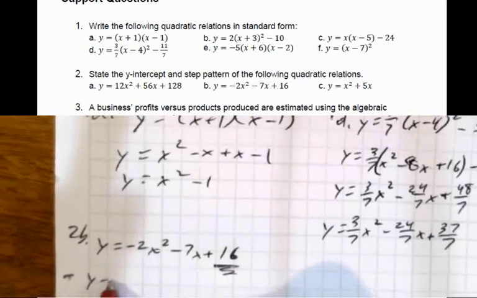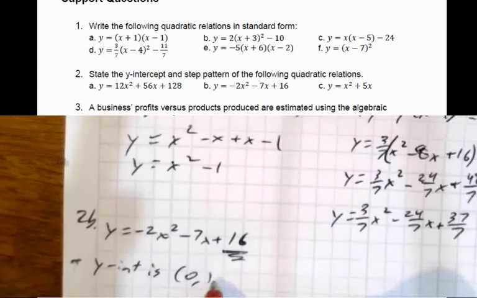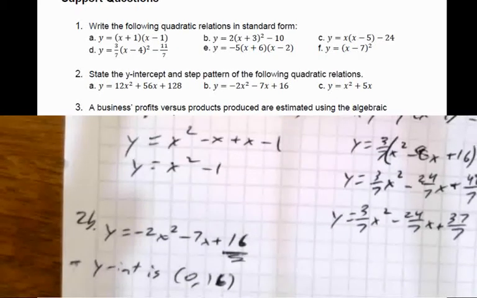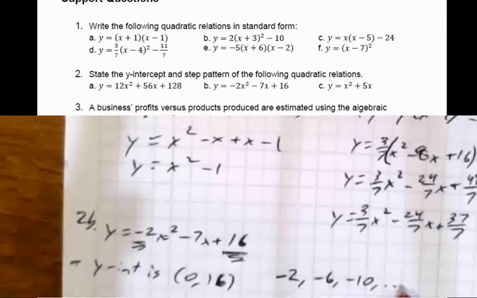So our y-int is 0 and 16. Our step pattern, I'll just write it on the side, comes from this minus 2. So we have our A term, minus 2. Then we do 3 times that, which is negative 6, 5 times that, which is negative 10, and so on. That's our step pattern.